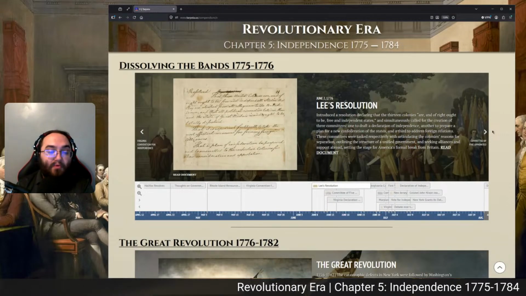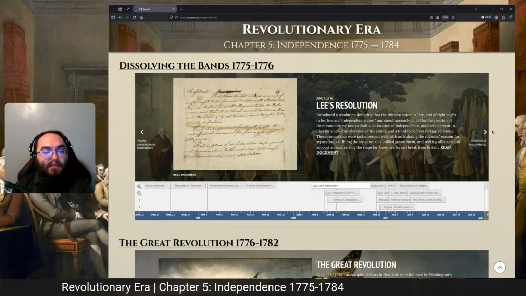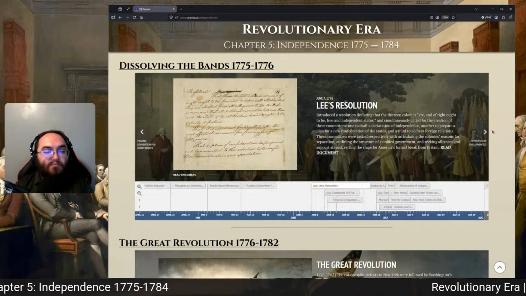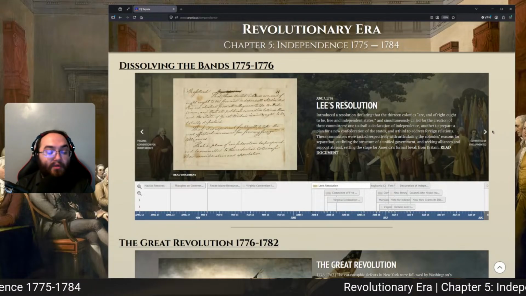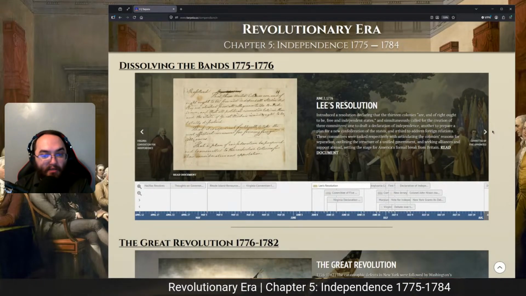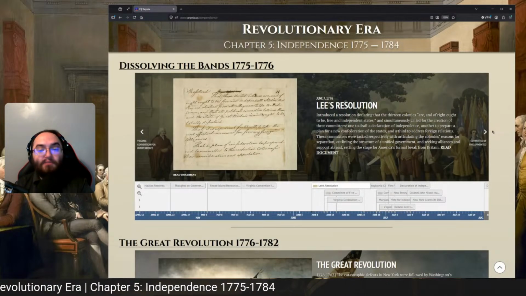So that's the first part of the resolution. The second part is to have a committee made in order to start negotiating foreign alliances, and the third part is to create a new form of government.